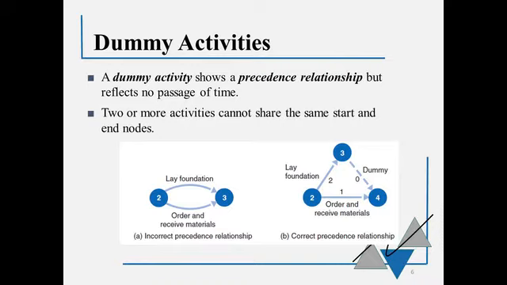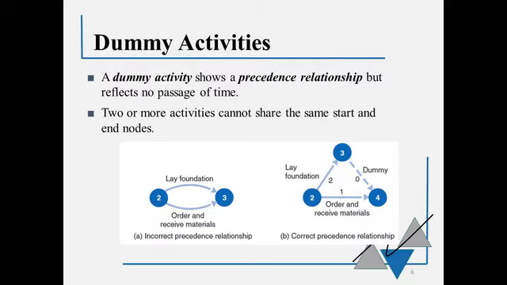A dummy activity is drawn to show a precedence relationship so that we know activity 2 has to happen before activity 3 and 3 has to happen before 4. The reason that we do this is that each activity needs its own node and it needs its own branch.